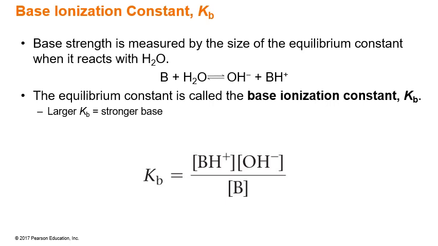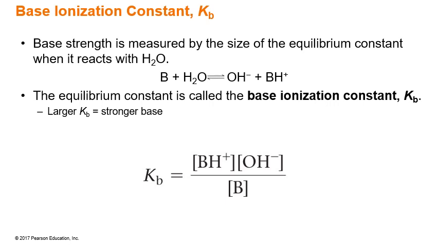Now, because we're dealing with a base, we're looking at a base ionization constant. This is very similar to what we've already seen for Ka, except now because we're talking about a base, we call it the Kb. And it is still measuring the equilibrium constant.